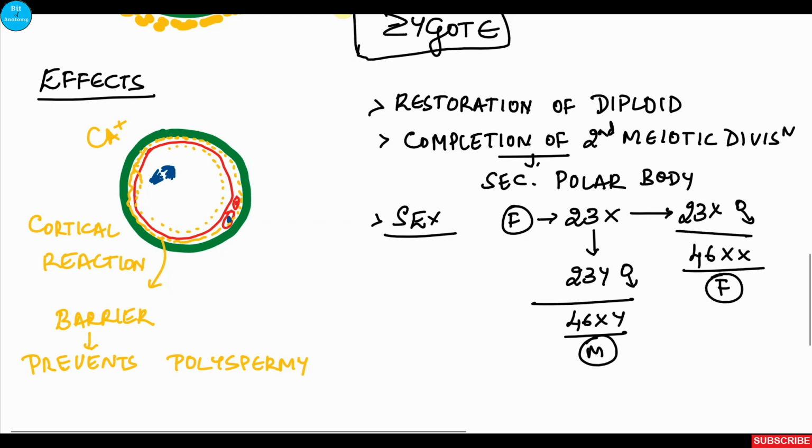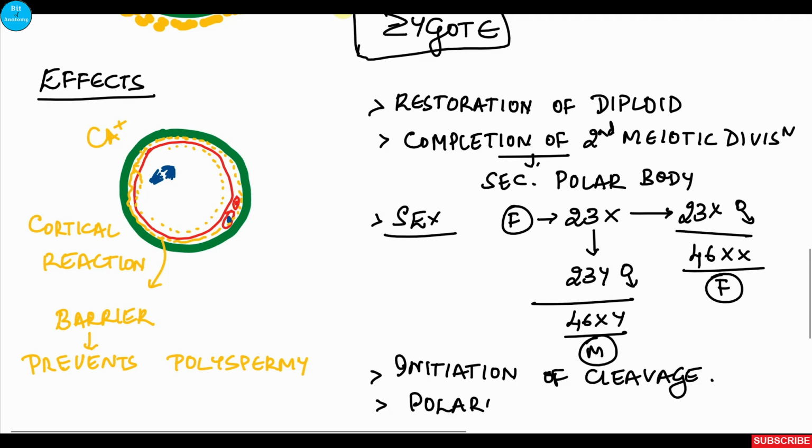So the sex of the baby is determined by the father and not the mother. Fertilization also initiates the cleavage division, which we will see in the next tutorials. And finally, it determines the polarity, or the craniocaudal axis, by the point of entry of the sperm.